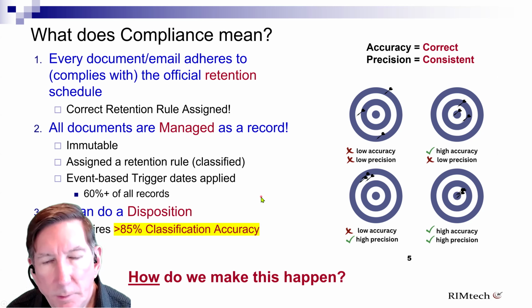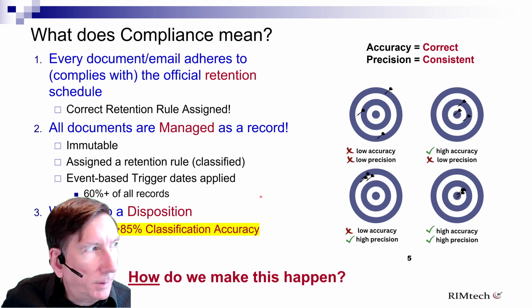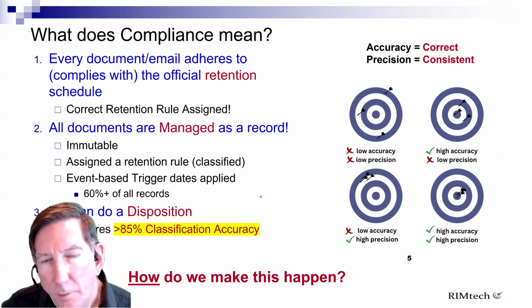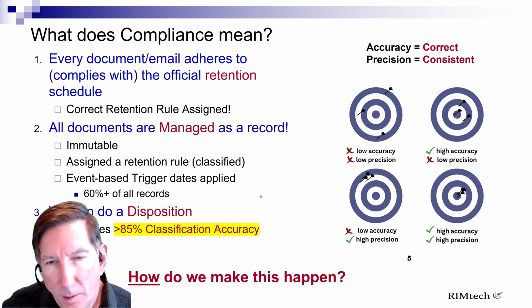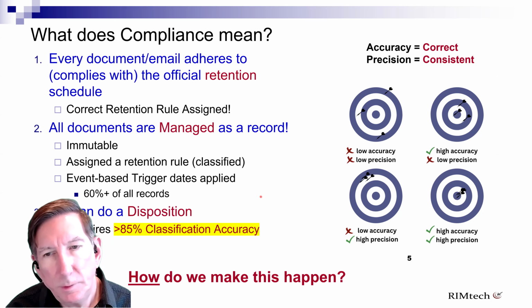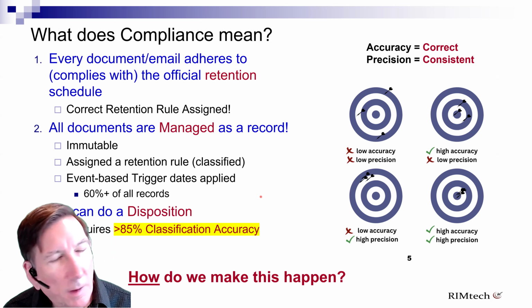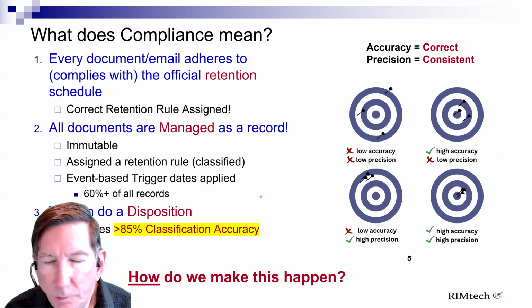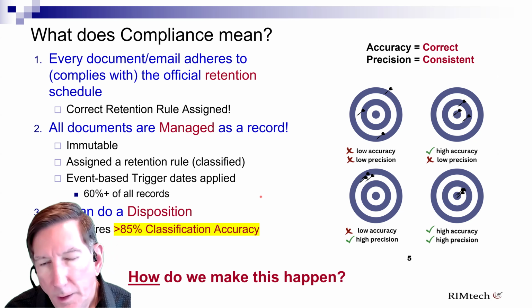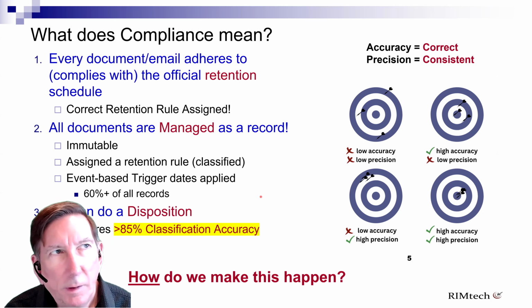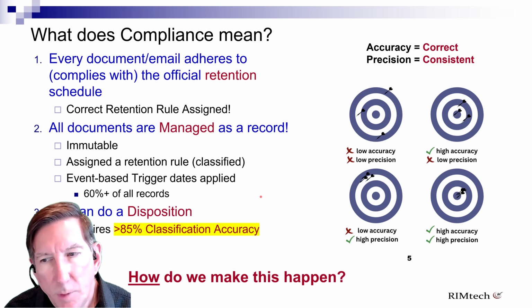In my opinion, about 95% or so, or maybe even higher, of all EDRMS projects on the planet today are failures, which means they cannot do a disposition. Why not? Because they don't have the confidence. What does the confidence mean? Confidence means you can prove that you have 85, 90% or higher classification accuracy rate among all those millions of documents.